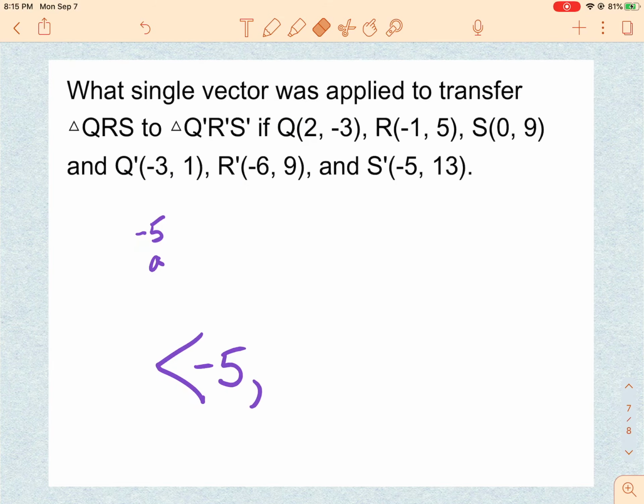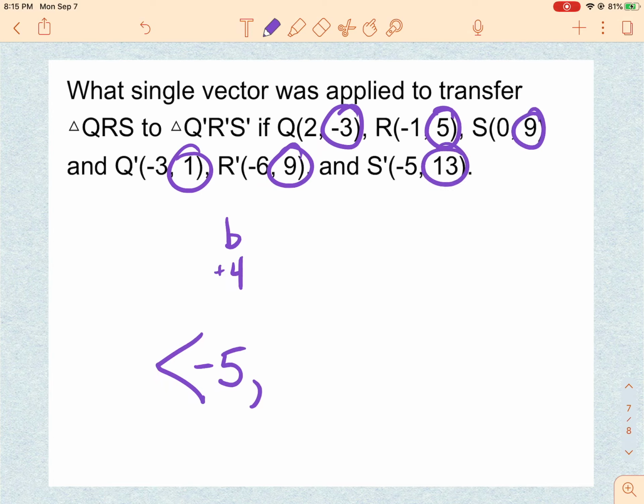Then we're looking at the y value, or the b value when it's our vector, going from -3 up to 1 is 4 units. So we're thinking of a +4. Is that the same for 5 to 9? Yep, you went up 4.